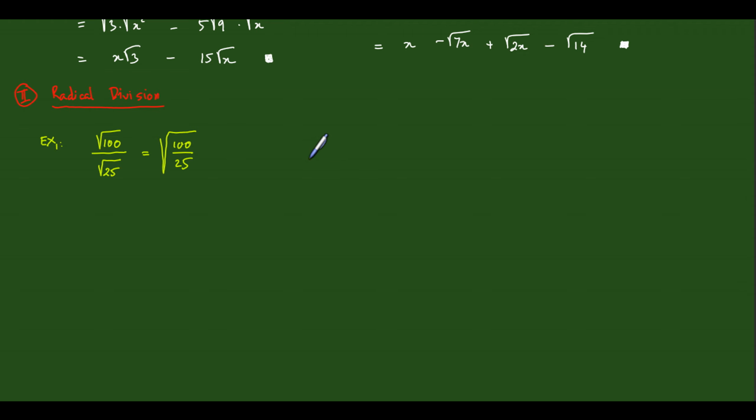And 100 divided by 25 gives you 4, so the square root of 4. And 4 is a perfect square, so the square root of 4 gives you 2. So that is so simple, but I just want to show you that with two radicals on the top and bottom, you can combine them as one radical.